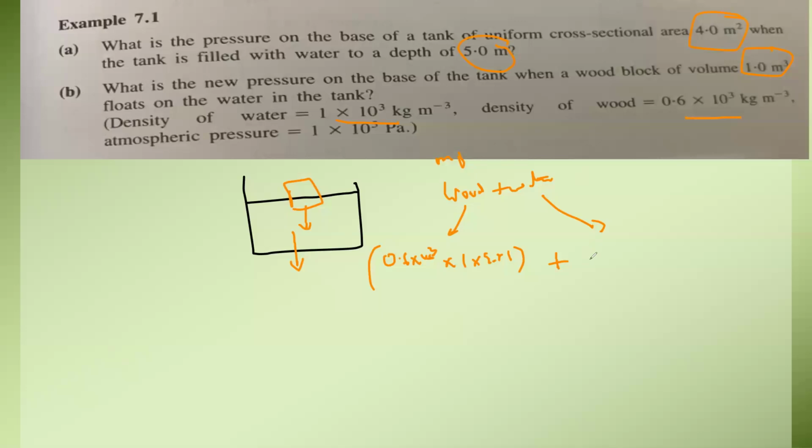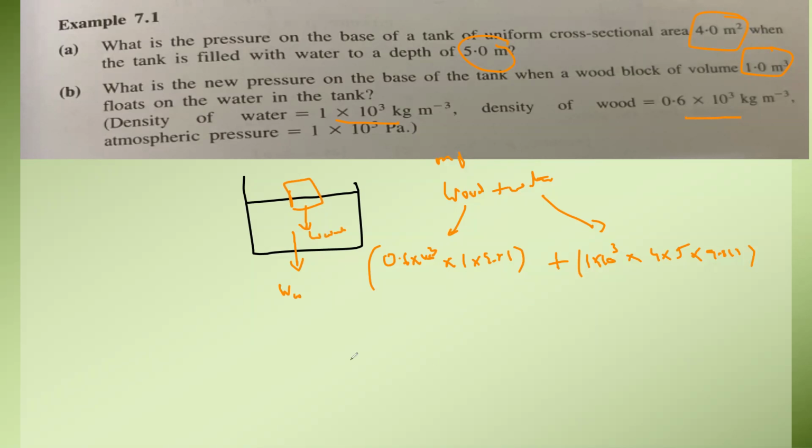So the density is 1 into 10 power 3 multiplied by the volume of the water, which is 4 multiplied by 5, where 4 is the area and 5 is the depth, and then multiplied by 9.81. This will give us the total downward force, the weight of the water and the weight of the wood.